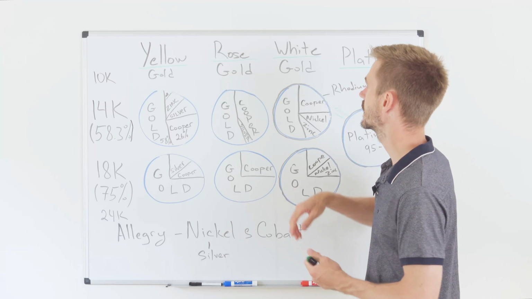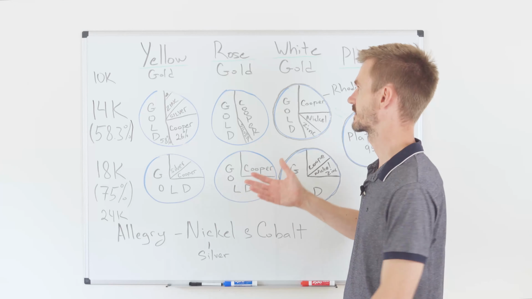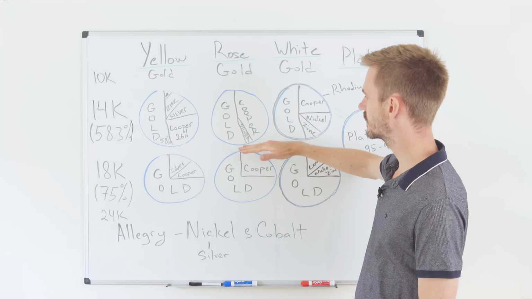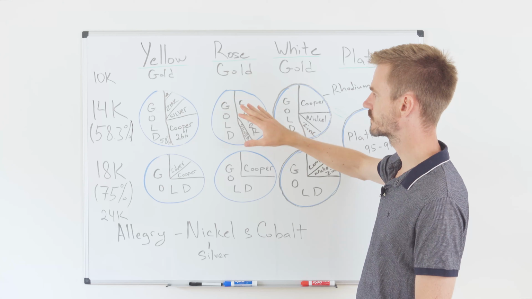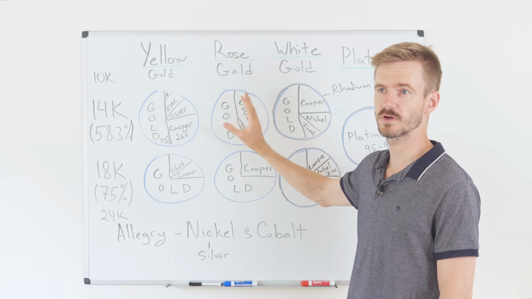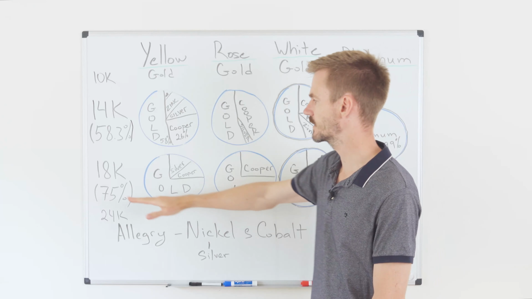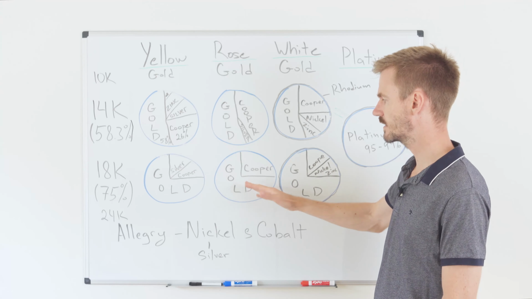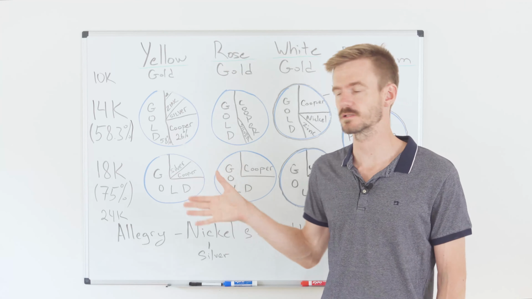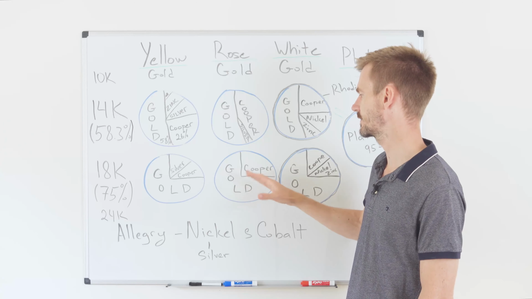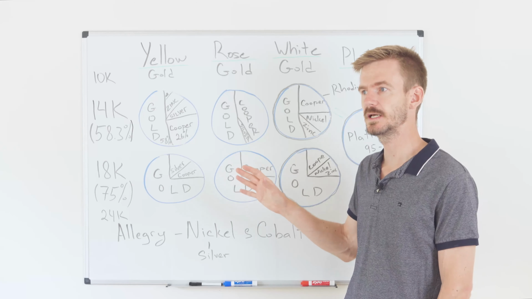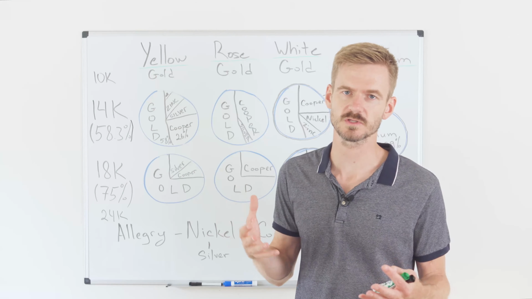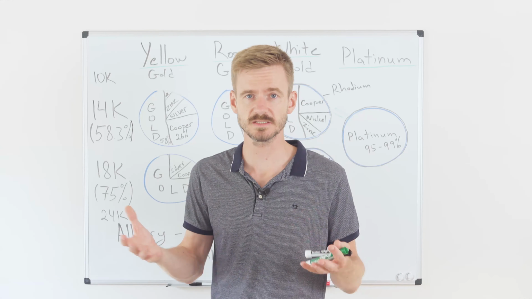So when we're talking about 14 karat rose gold, we're talking about more of a pink gold. When we're talking about 18 karat rose gold, we're talking about almost red gold. And again, this mix can be different, and mass market jewelry stores probably wouldn't really care about mixing stuff.